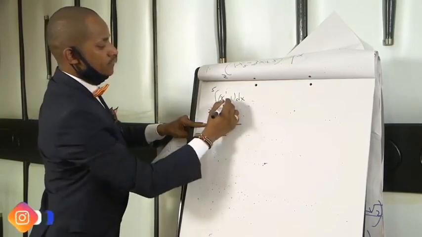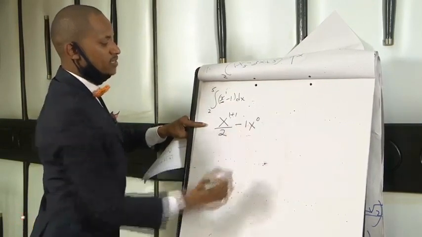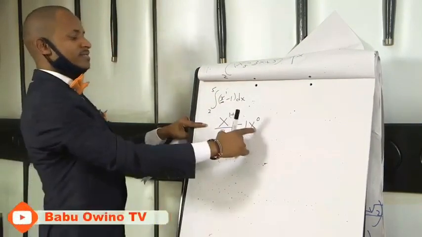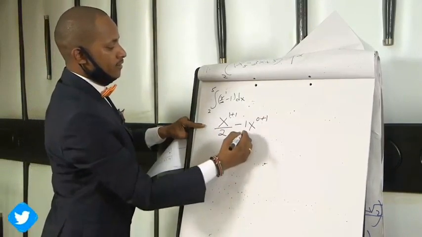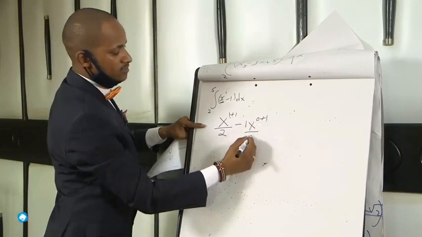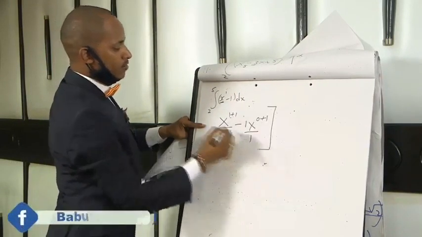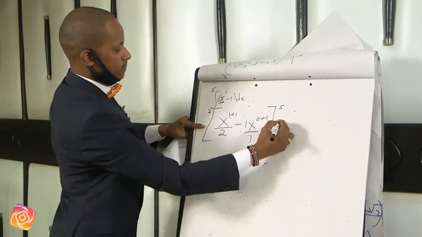Then minus, remember here we have 1. 1 can also be written as 1 times x raised to power 0. So 1 can be written as x raised to power 0. You add 1, then divide by that value that you get. 0 plus 1 is 1. And now our limits here are 5 and 2.